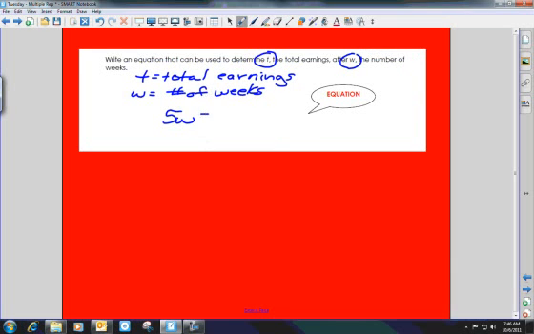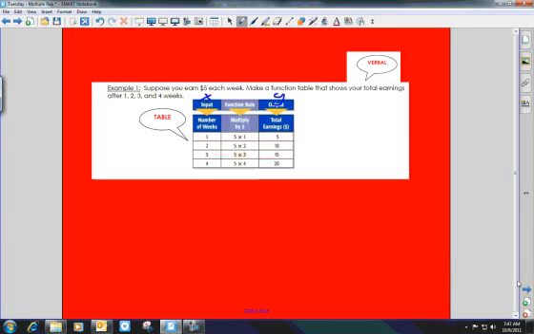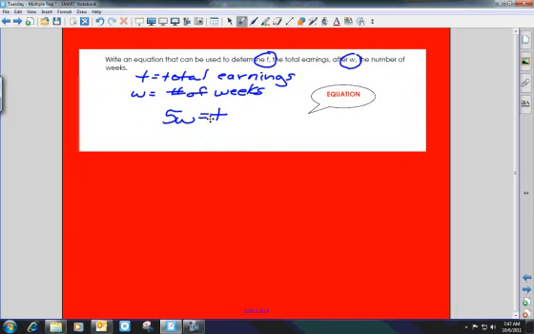When I put that in the input and the process, I got the total earnings. So 5W equals T. That's how we're going to write that equation. We're just simply going to look at our table. I took 5 times the number of weeks equaled the total earnings. 5W equals T. That's my equation. So there's my third representation of my problem in the equation.